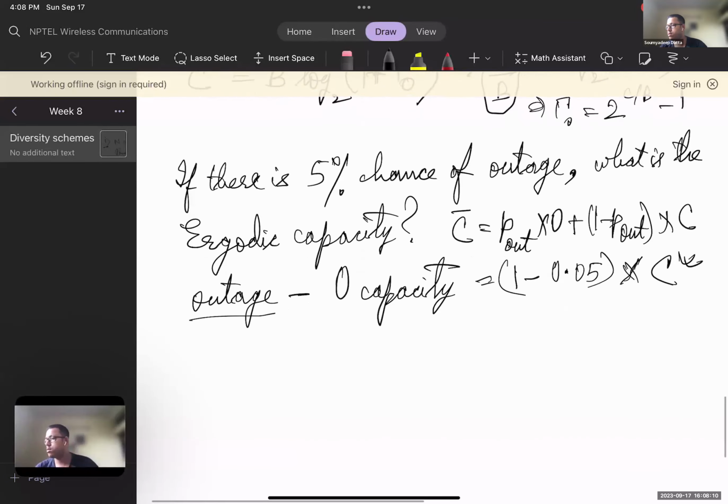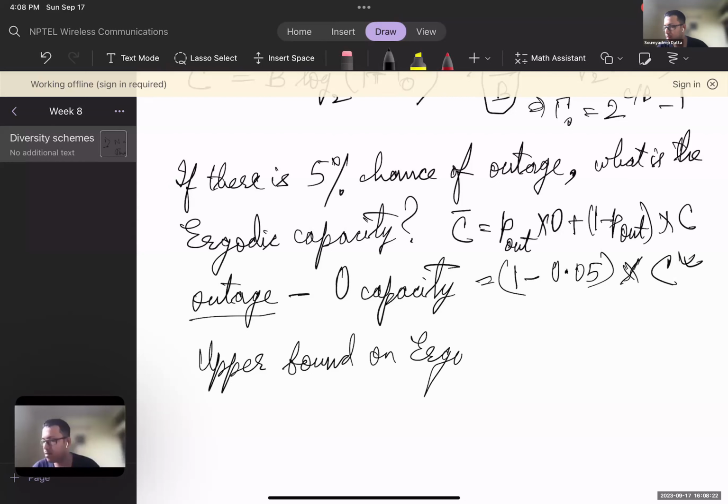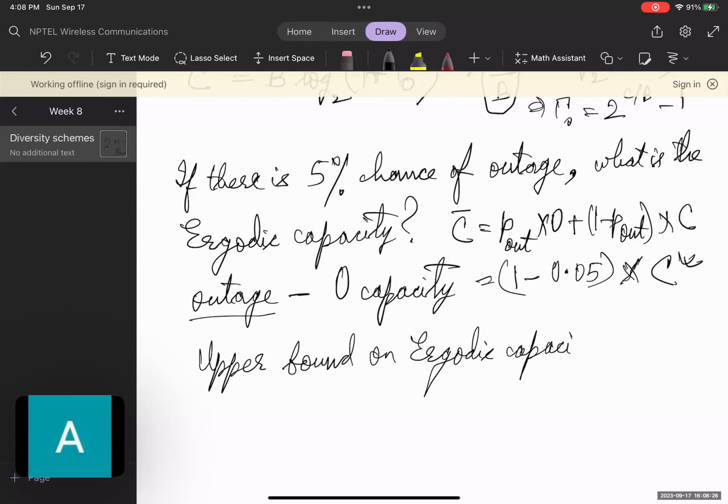Now, the slightly more conceptual question is, what is the upper bound? Excuse me, sir. Yeah. Sir, what is that C raised to the power? 1 minus 0.05 into C raised to the power?